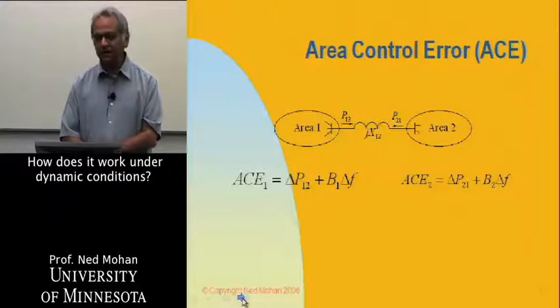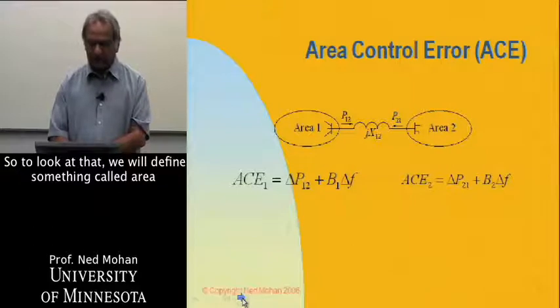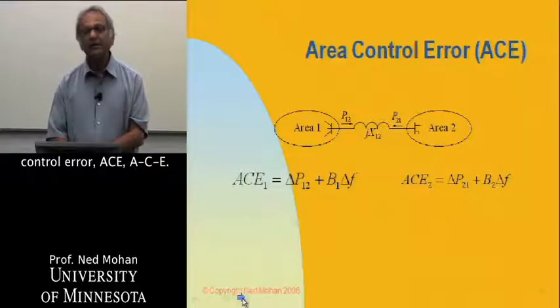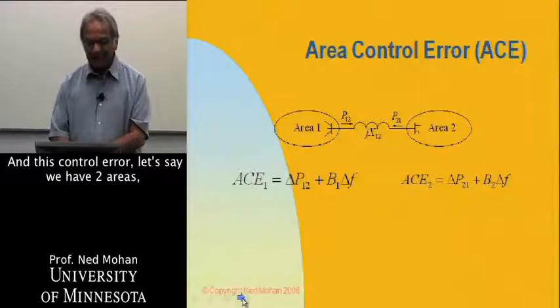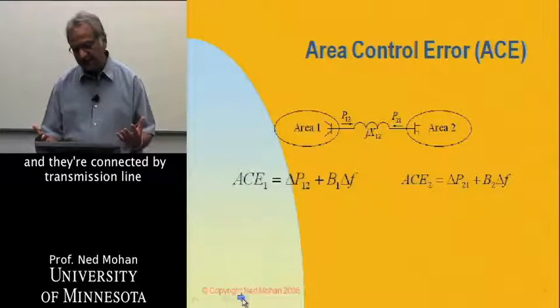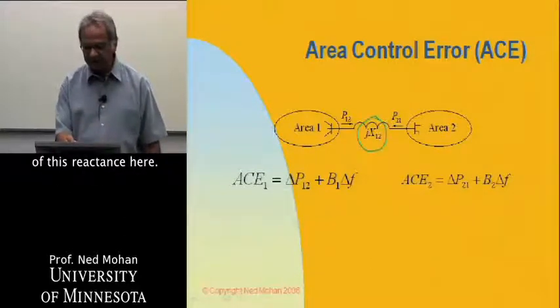How does it work under dynamic conditions? To look at that, we will define something called area control error, ACE. Let's say we have two areas connected by a transmission line of this reactance.